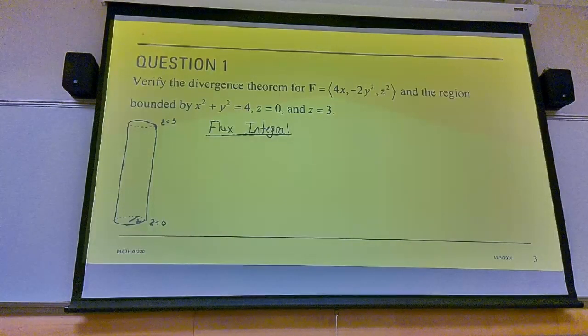Oh, but wait a minute. There's 3 surfaces, aren't there? You have the top, the bottom, and then the side. Start with the top. How do you parameterize the top?